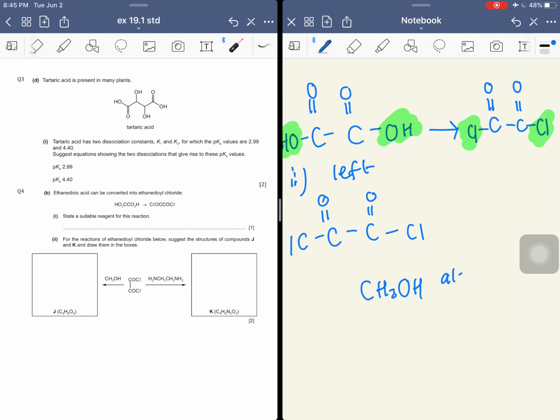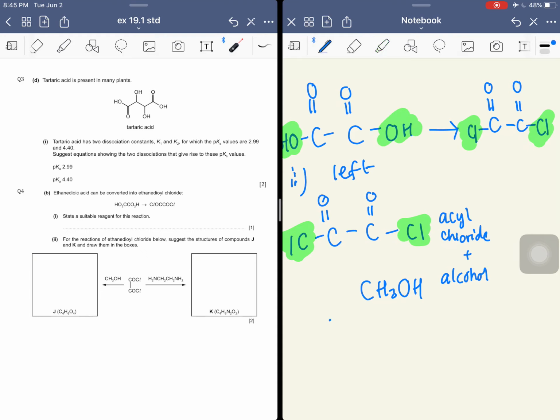So alcohol plus acyl chloride. Please look it up in your notes. Remember that this alcohol can react on both sides of the molecule. I will not tell you.